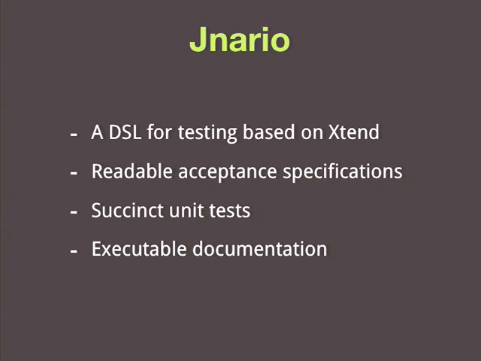And today, we would like to show you Jnario, and we will do this by developing an example application using Jnario. We will use an approach which is called outside in. So we will start from an outside perspective. We describe what the expected behavior is from a customer perspective, and then go in and add the missing implementation so that our application will work in the end.